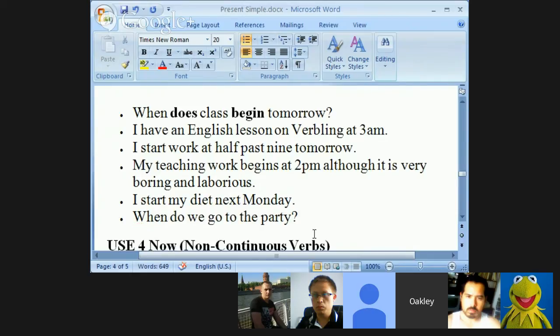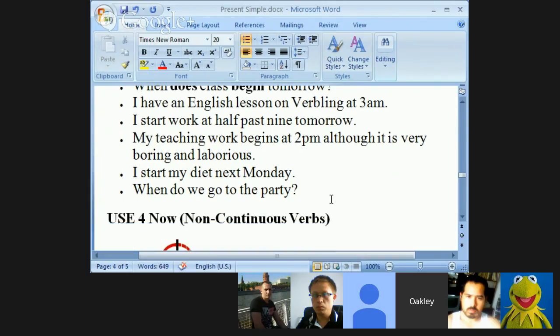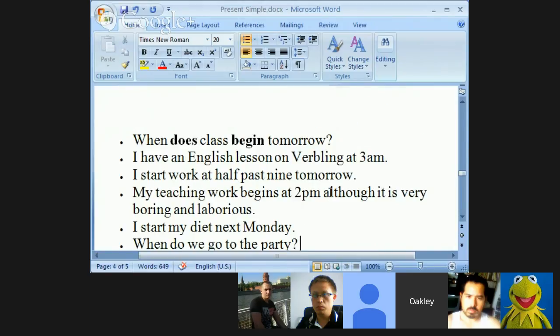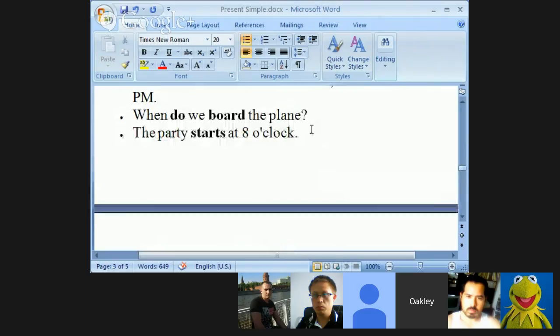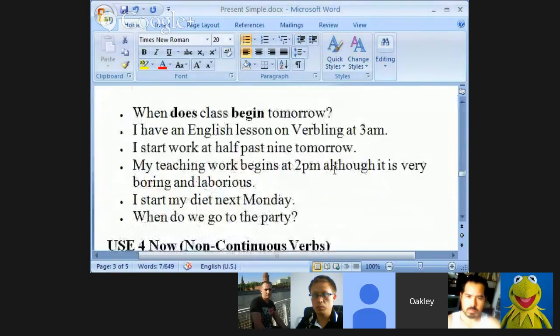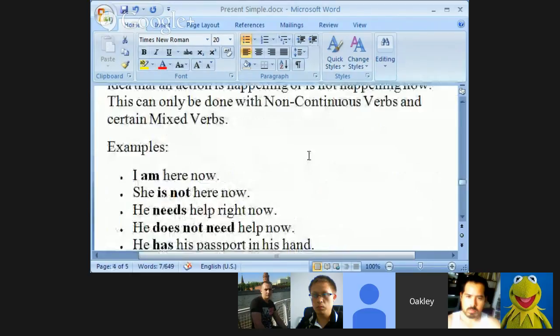When do we go to the party? Okay, that's possible in context. If you're all standing around and you're wondering when you're going to go, yeah, it's possible in the right context. If it's obvious you're asking a question like, when do we board the plane? It's obvious that you're about to do it. You just don't know exactly when.